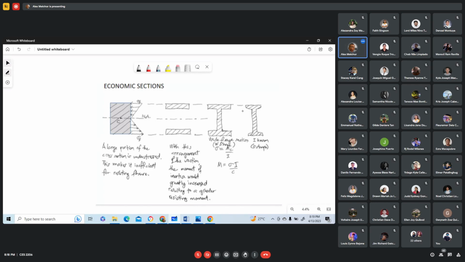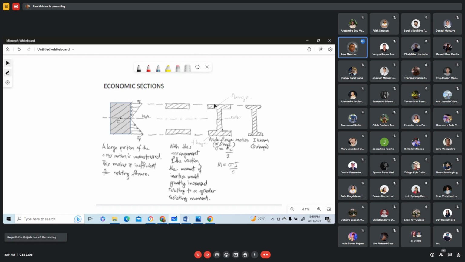This part here is called the web, while that part there is called the flanges. Also, this lower part here is also the flange. So that is why we call this a wide flange section.